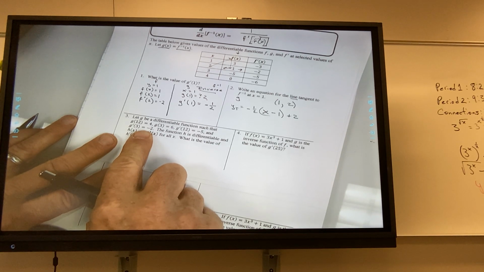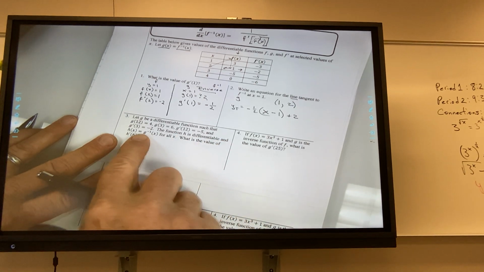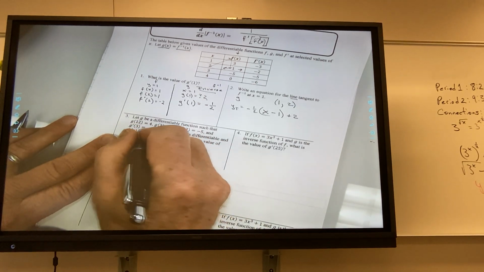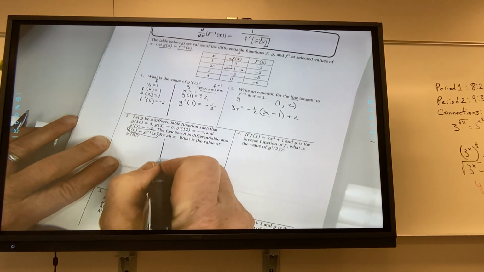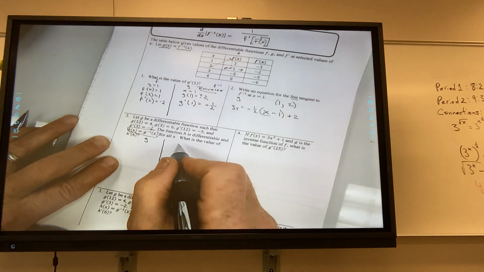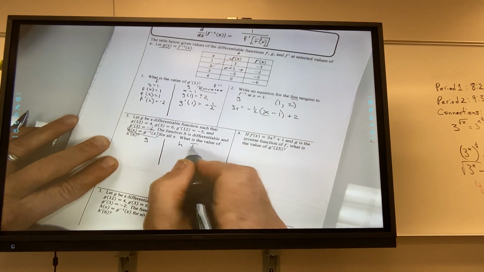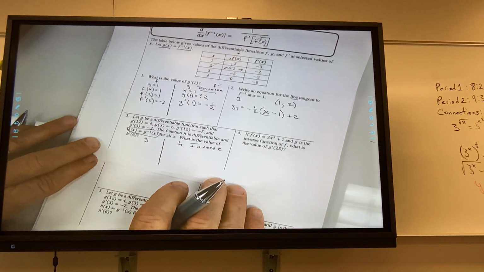All right? It says the function h is differentiable, and h is the inverse. It tells me this right here. It's the inverse. So when I see that, Jonah, I say, all right, I'm drawing a line here. On this side I have g. On this side I have h. And what is h? It's the inverse. You'll see me do this every single time to organize my stuff.